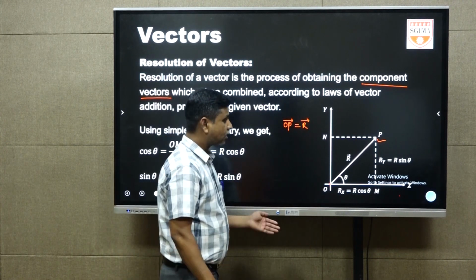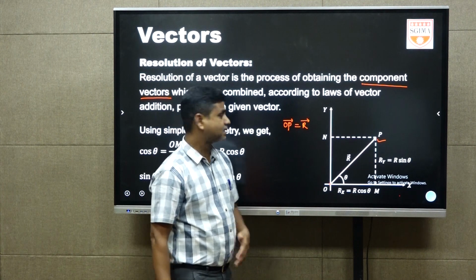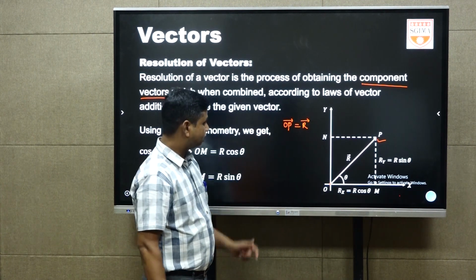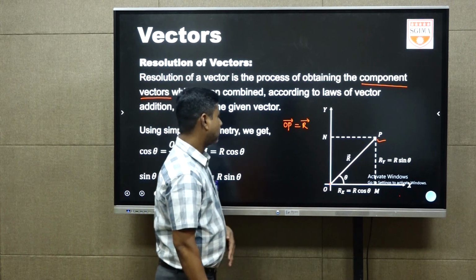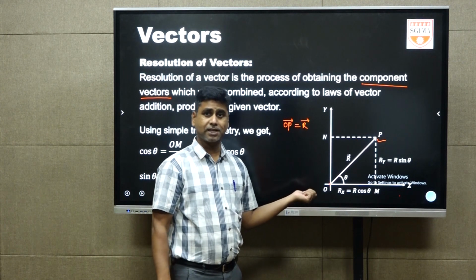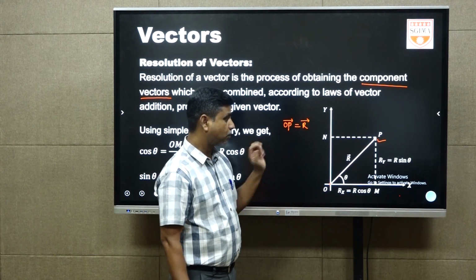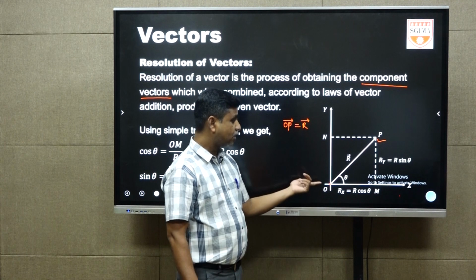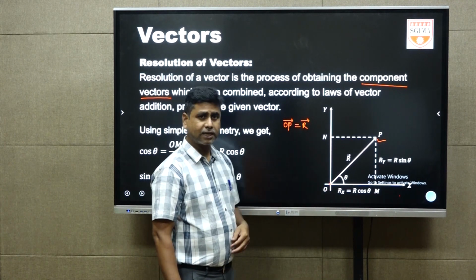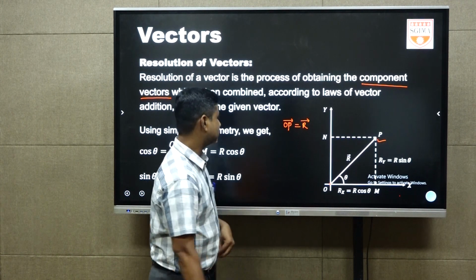This given vector makes an angle theta with the x axis. Here I considered the x axis, but you can take the y axis also, because it is in the plane. You can take either the x axis or the y axis, but for our convenience we take the angle with the x axis only.